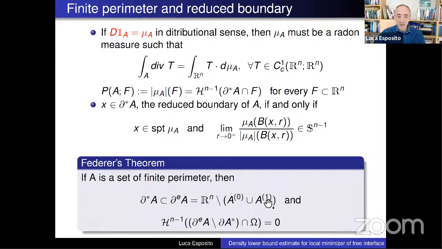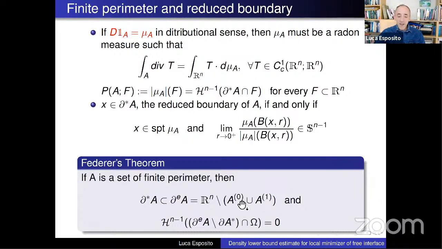A1 is essentially A, and A0 is the complement of A with respect to the Lebesgue measure. So A1 is, in some sense, the set of points that are in the interior of A with respect to the Lebesgue measure.